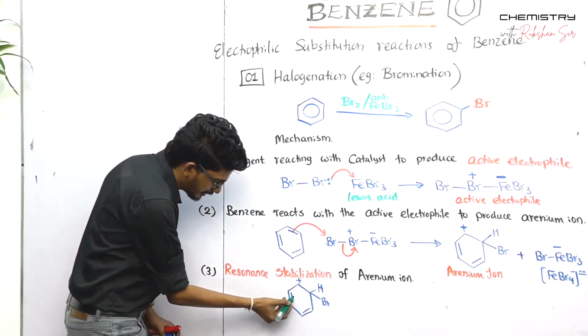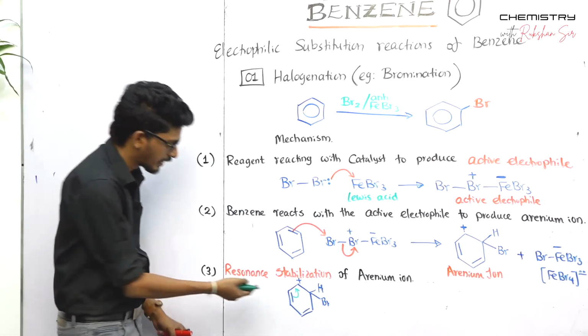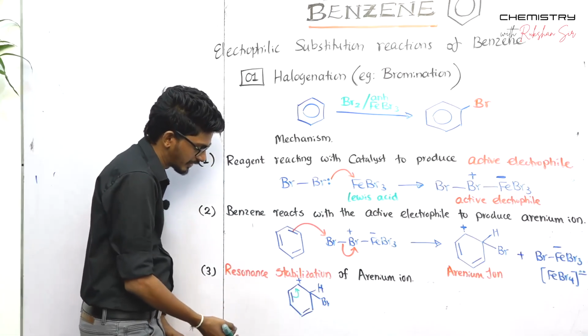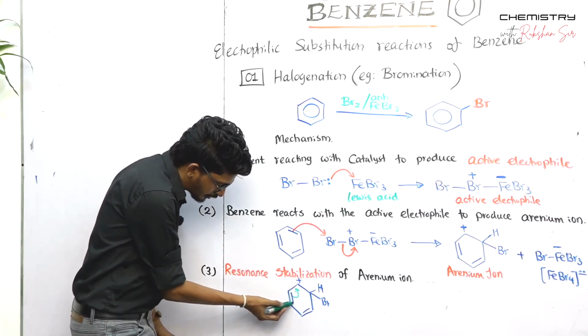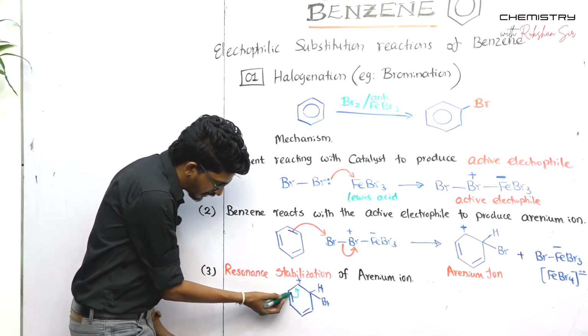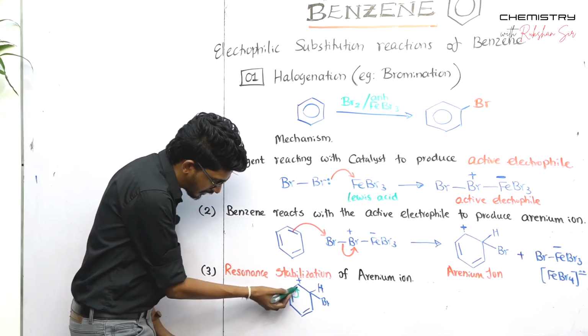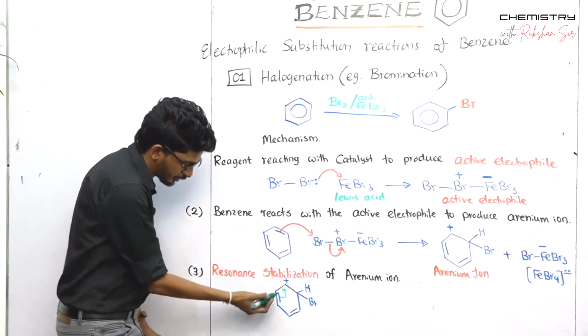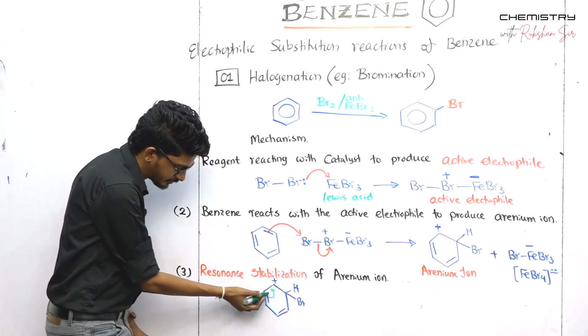this pair will come towards here. The two electrons are here and here. So this electron comes towards here to neutralize the positive charge and form a bond.